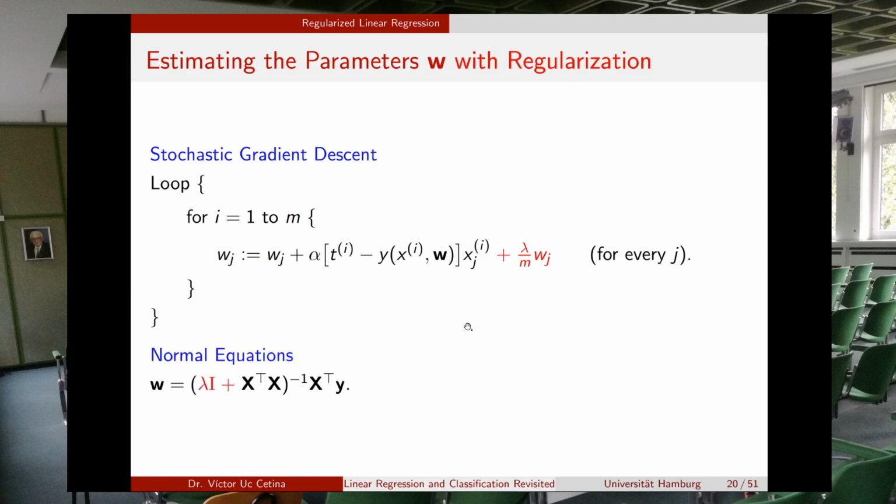And if you want to implement it using normal equations, you just need to add here lambda times the identity matrix. So this is a matrix with only ones in the main diagonal and zeros in any other places. So this is the general way to implement regularization.